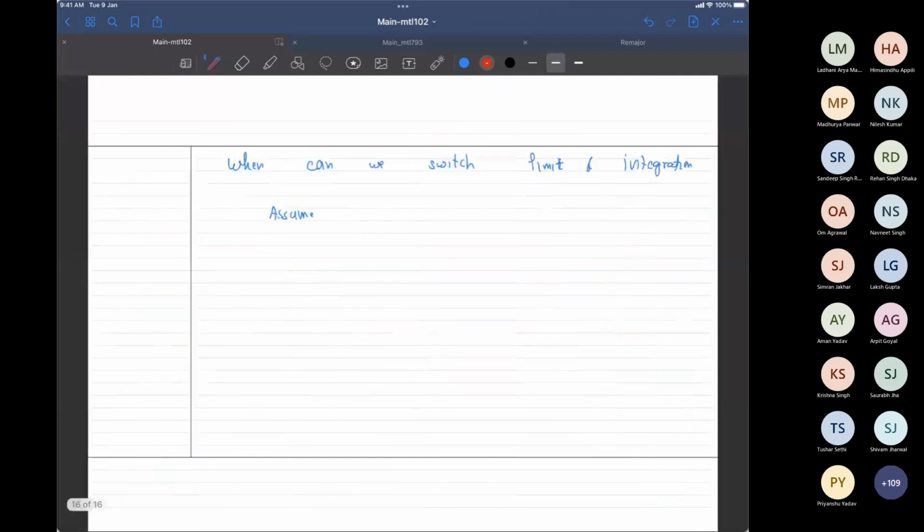Okay. So now the mathematical question we are trying to see is, assume we take a function h_n(t), and it converges pointwise to h(t). I will explain what pointwise means.